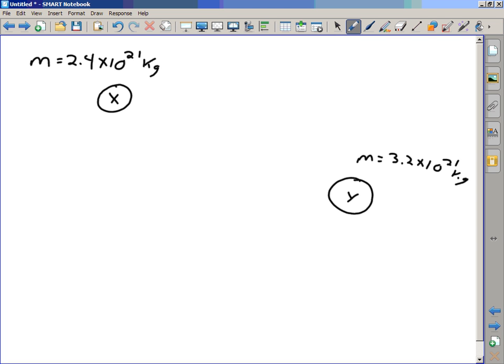And right about here there's a little moon, just a little bitty guy. He has a mass of 7.9 times 10 to the 18 kilograms.